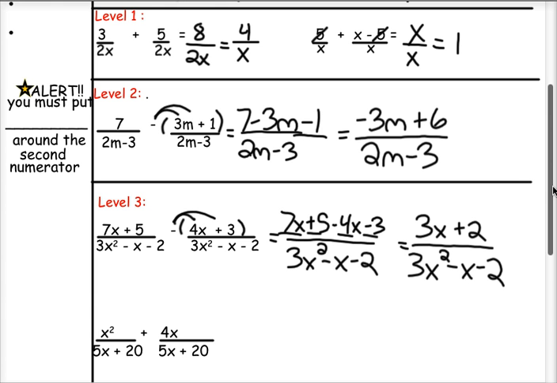Now, something I want you to notice about that bottom, that is a quadratic trinomial. So I want you to be very careful when looking at that because you need to remember sometimes to reduce these, you're going to need to factor. All right? So for this one, it can actually be reduced.